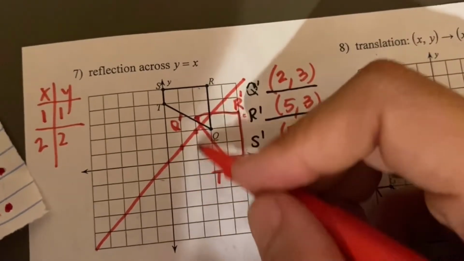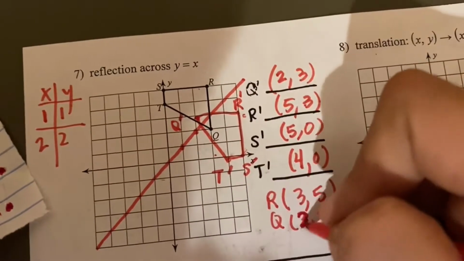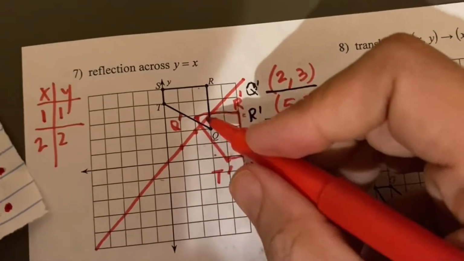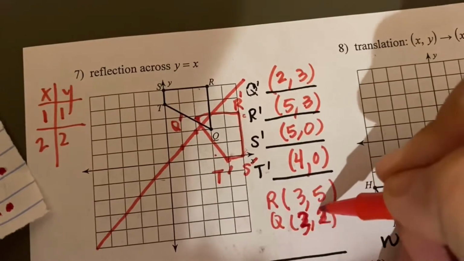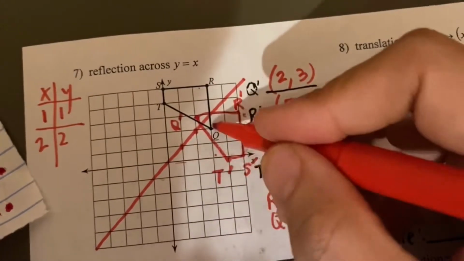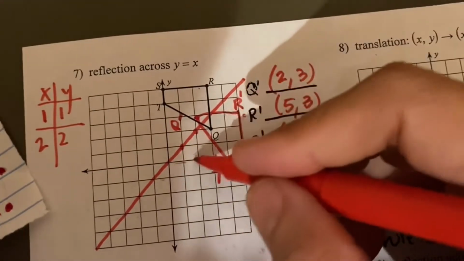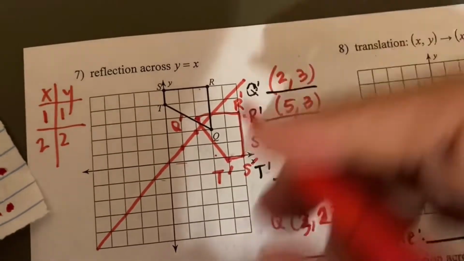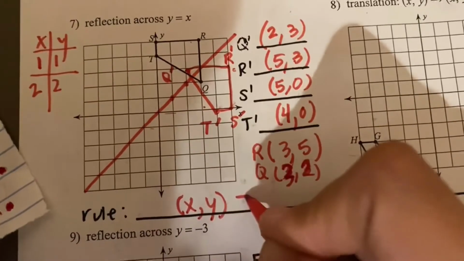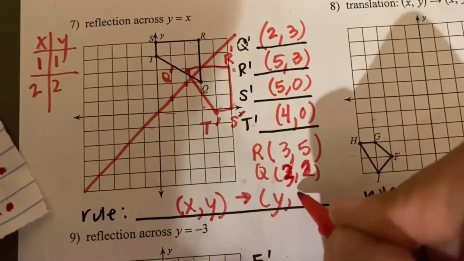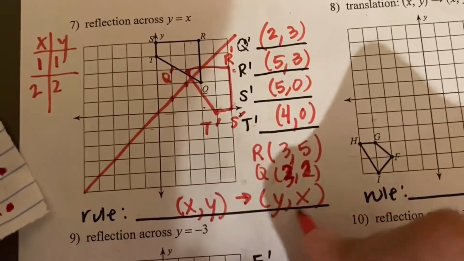Q prime is now 3, 2. I am tired. I keep making math mistakes. Q was 3, 2. Yes, Q prime is 2, 3. It looks like they just swapped spots. So let's write the rule. This is the rule when it looks like they just swapped spots. Swap the spot.